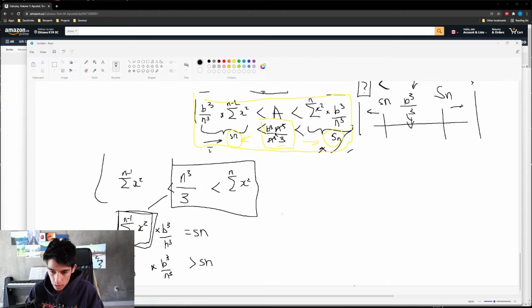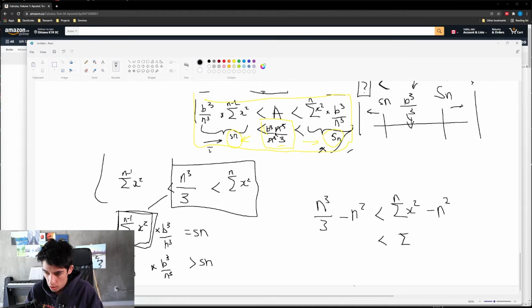Since we know that this is true, if we take n cubed over 3 and subtract n squared from it, and then do likewise for the sum of squares on the right side here, minus n squared, this results in this useful relationship.